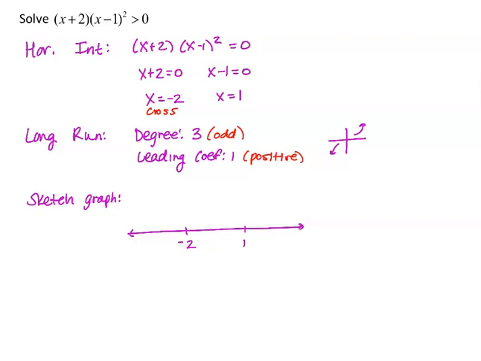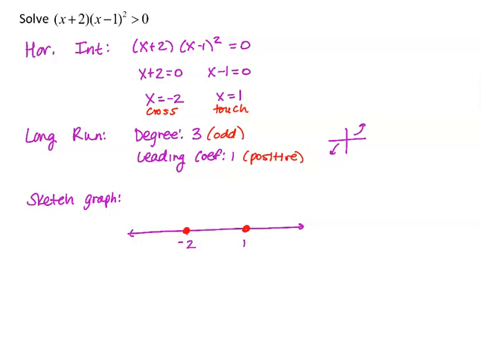But the factor of x minus 1 has an exponent of 2, an even exponent, which means the graph will just touch the x-axis there, but not cross, or kind of bounce, you could almost think of it.